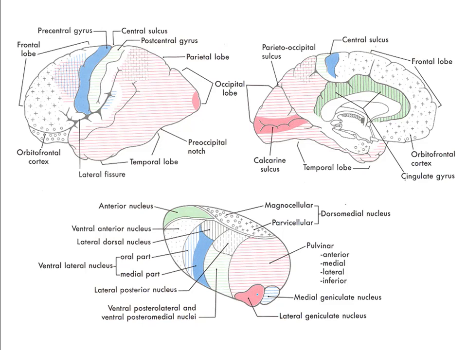Because if you look at these maps and you say, well, gee, here's my difference between my blue, which is my motor, my ventral anterior and my blue here are motor, and those are out in front, in the posterior portion of the frontal lobe. What's more anterior here, the anterior nucleus is going to go to that whole separate structure. This is the limbics. And that dorsomedial, where does it go?